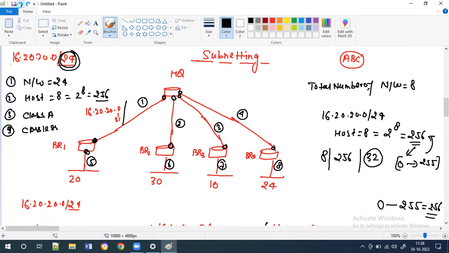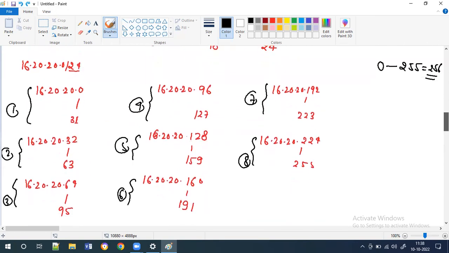Right? So I did the subnetting, but the point here is that the IP address which I have from my organization is something like this. This is /24 notation, but I don't have anything here.